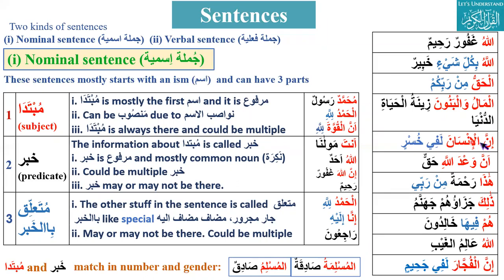Innal insana lafi khusrin: it starts with an ism, but insana is mansub because of inna, and the remaining part, fi khusrin, is jar majrur, so this is muta'alliq bil khabar. So nominal sentences start with the ism and have three parts: mubtada, khabar and muta'alliq bil khabar.